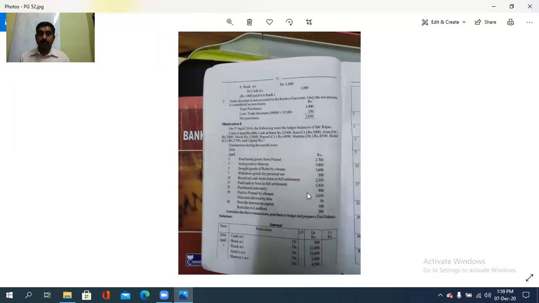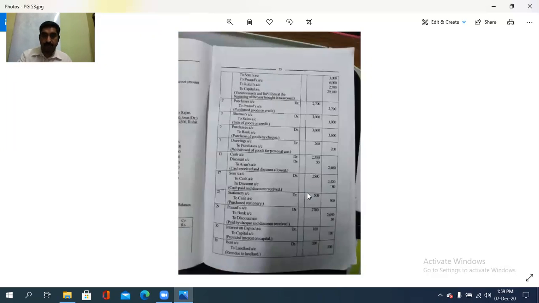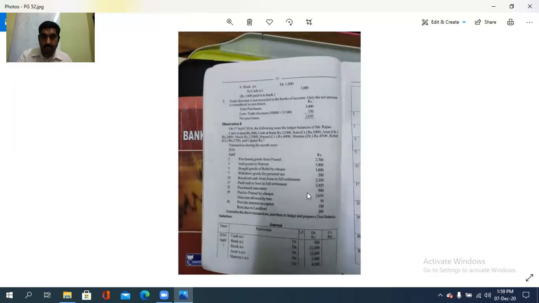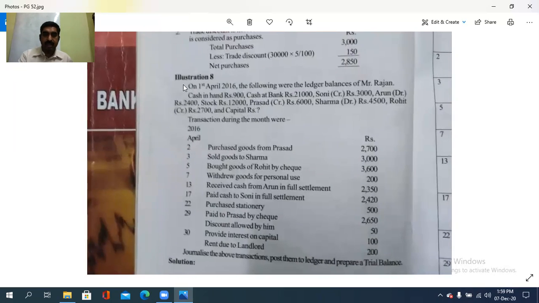Then received cash from Arun in full settlement. Cash was received from Arun in full settlement. So cash account debtor to Arun 2,350. So there is a discount allowed. That is discount allowed account debtor to Arun's account. How much is that amount? Arun is 2,400. See, in this area there is Arun, a debtor.